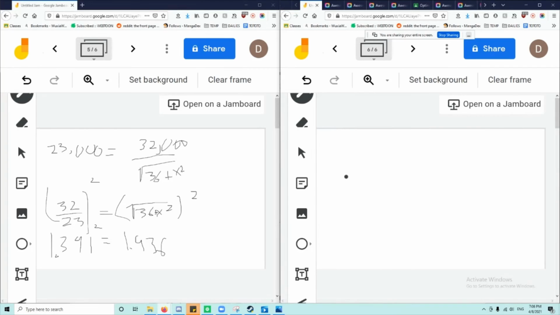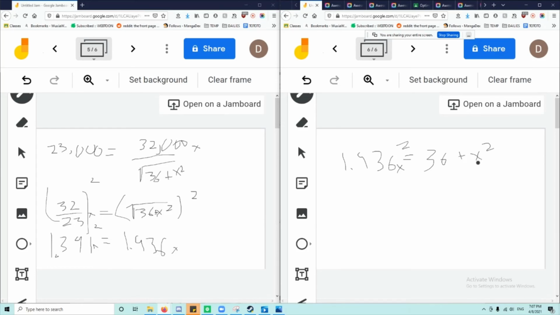And when you put it back in the equation, 1.936 is equal to 36 plus x squared over x squared. Oh, I forgot the x here. There's an x here because the x from 32,000 does not disappear. When it divides 23,000, it remains.